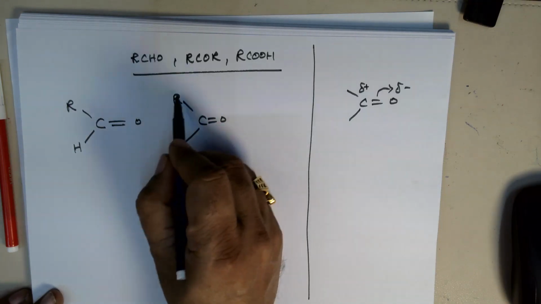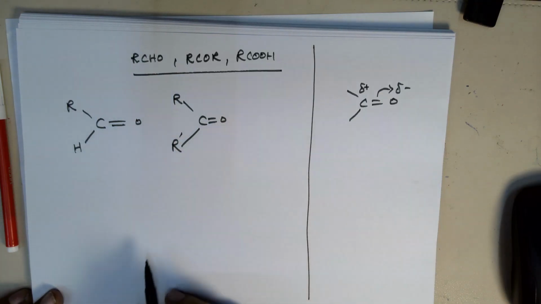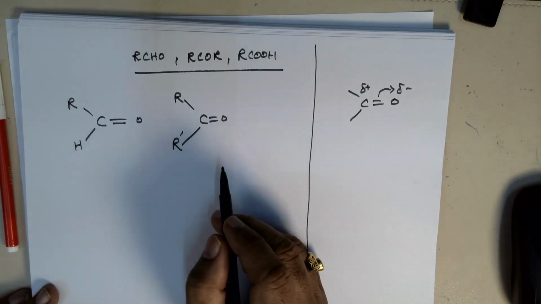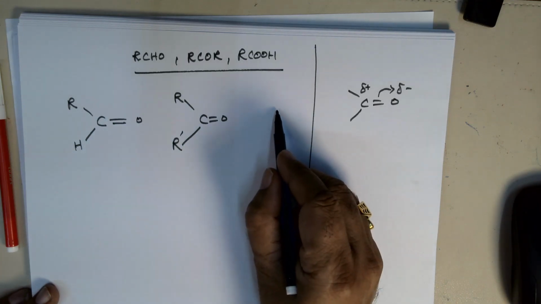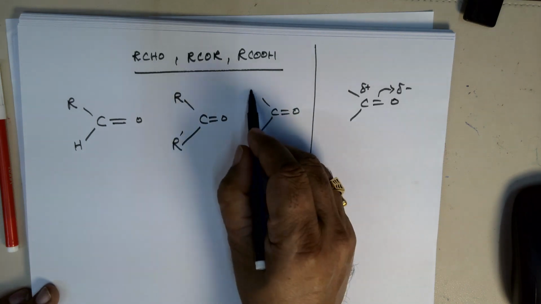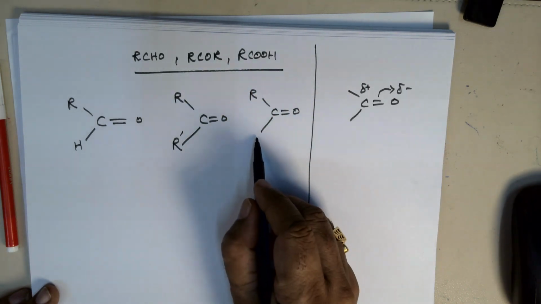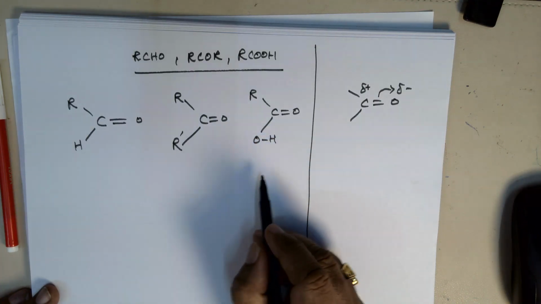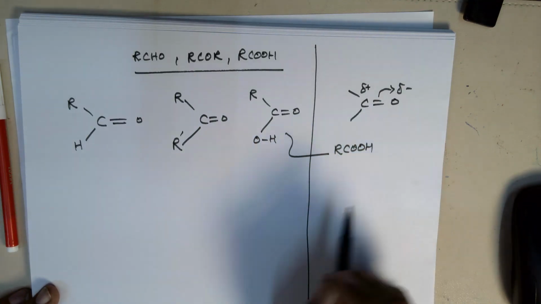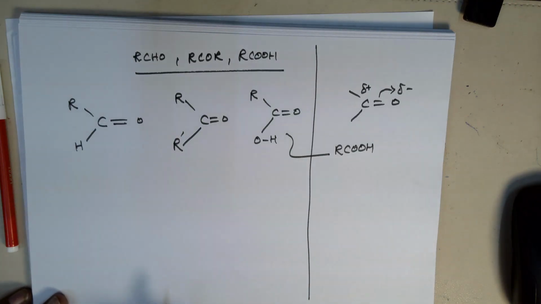So in order to distinguish, you can put R and R prime. So this is regarding ketone. And carboxylic acid, that is C double bond O, and here on one side you have R, on the other side you have OH. So it is simply represented as RCOOH. That is carboxylic acid.